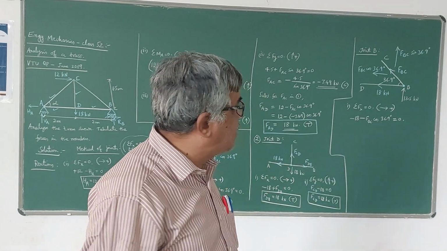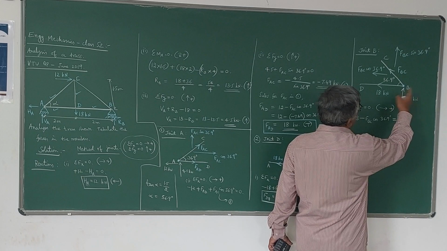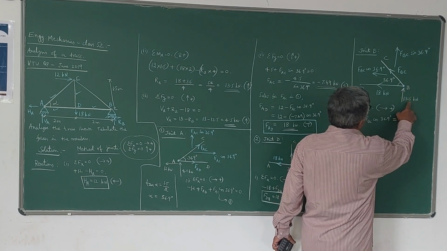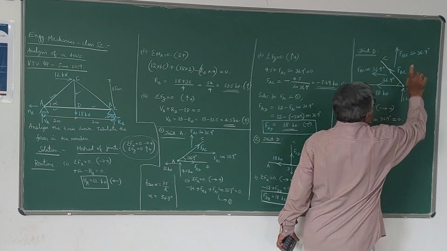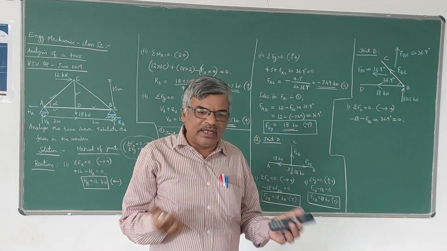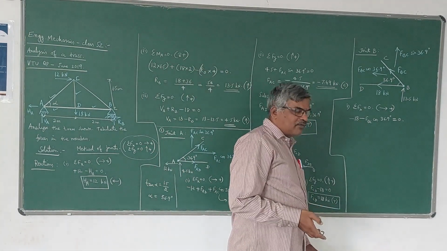If you are writing sigma Fy is equal to 0, treating upward force as positive, then the equation will be 13.5 plus FBC sin 36.9 degree is equal to 0. So you get the same answer for FBC, whether you use sigma Fx = 0 or sigma Fy = 0.